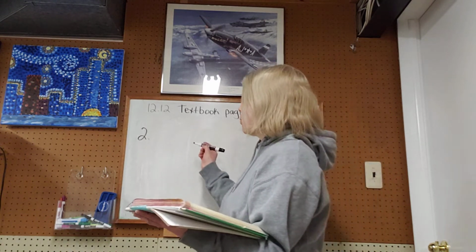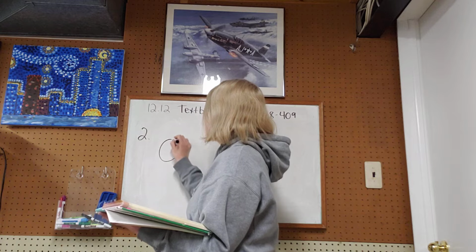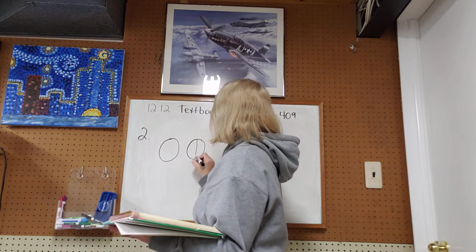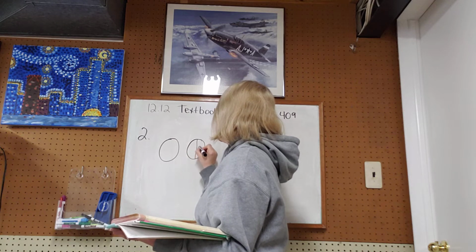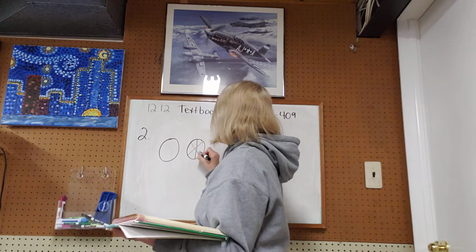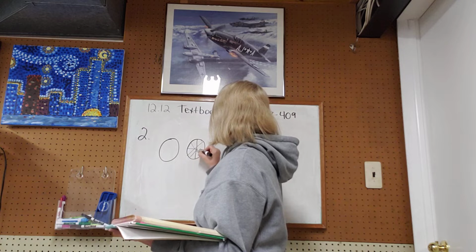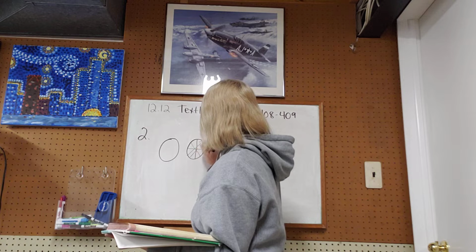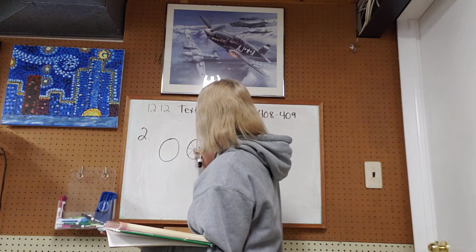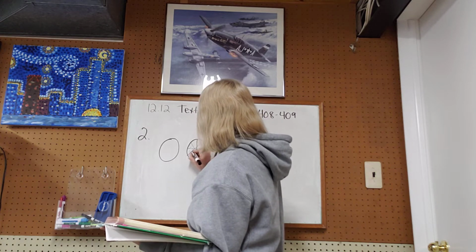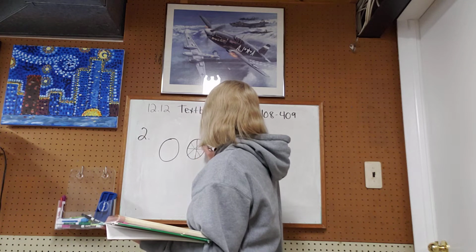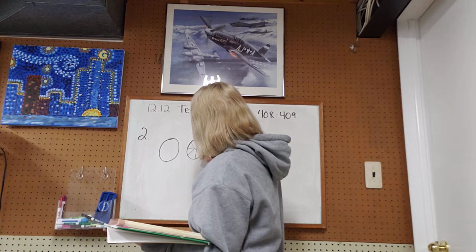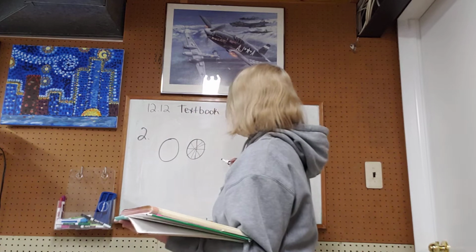If she cut one cake into tenths and one cake into twelfths. So let's see here. These would be pretty small. See if I can even do it here. 1, 2, 3, 4, 5, 6, 7, 8, 9, 10.